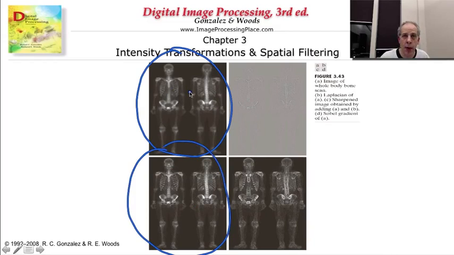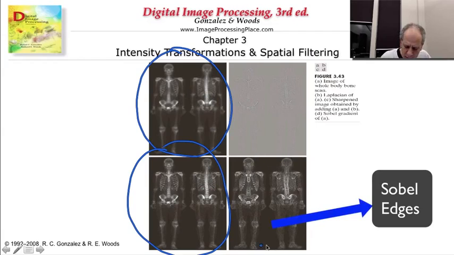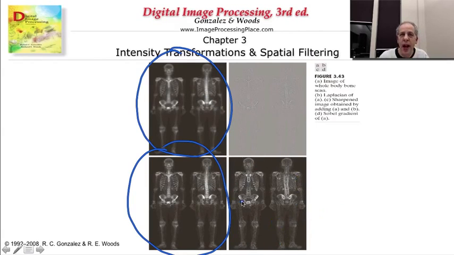Much sharper image. We can see a lot of the details that were not very clear here by a very simple operation of adding the image to its Laplacian. And here we see basically what's called the Sobel edges, which are a different way of computing these derivatives. So very interesting effects in images by combining derivatives with the image in different directions, additions of derivatives.